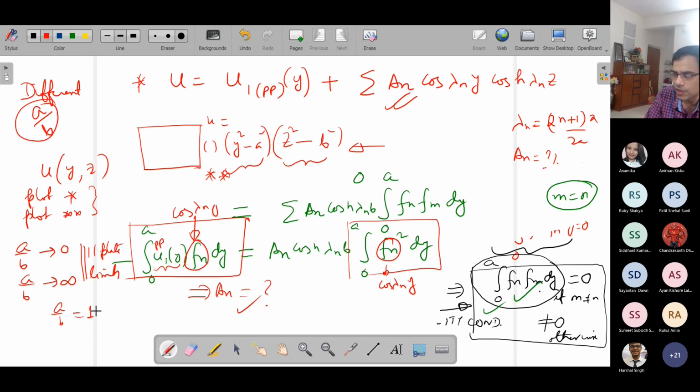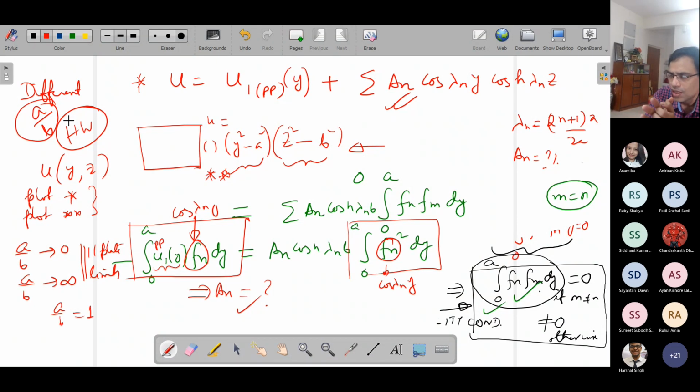You have to make a plot of this as your homework. So plot the actual solution, plot the approximate solution. Plot means it will be a surface, because it's a function of two variables, and show the agreement or the disagreement for different values of the A by B ratio.